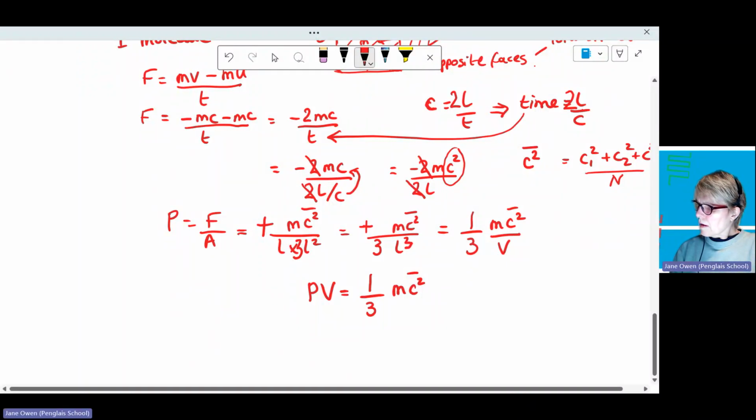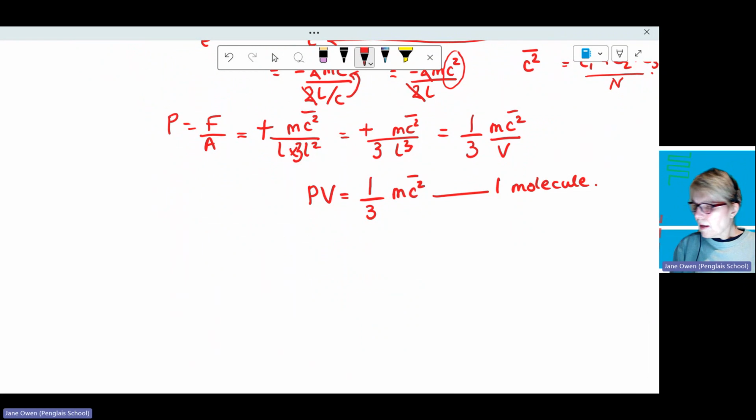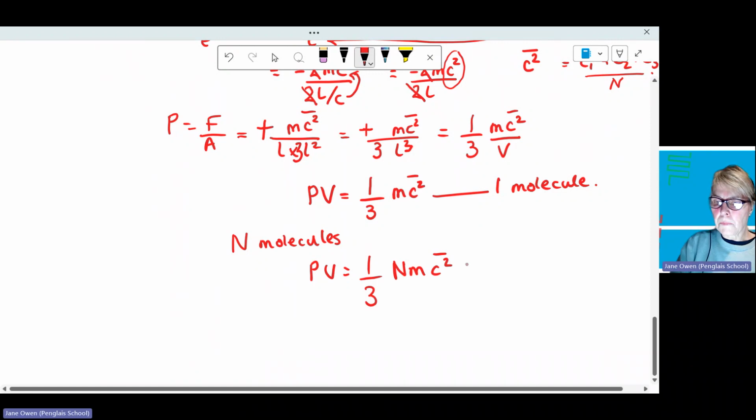Okay, good. So for one, if we had just one molecule, this is just for one molecule. So if we wanted it for n molecules, all we have to do is times PV by 1/3 nm mean square speed, and that is for n molecules in the gas.